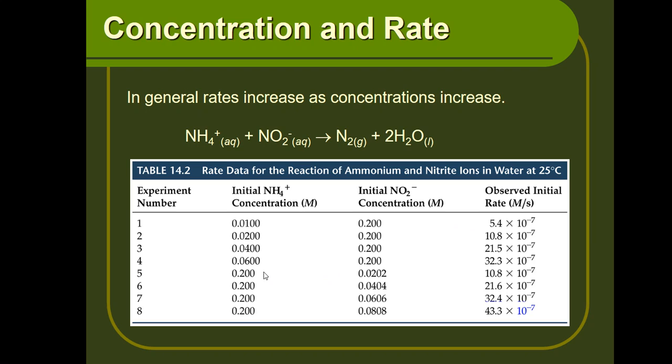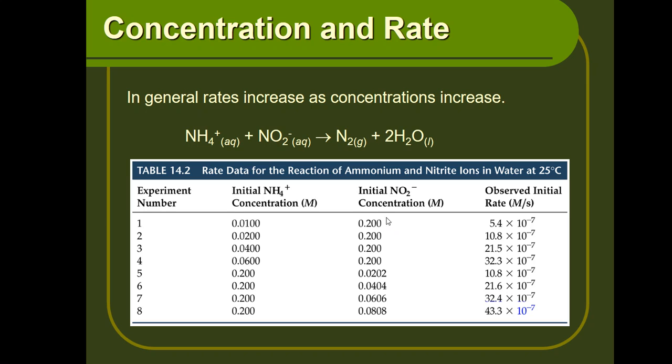In the first 4 rows, we have kept the nitrite concentration constant, and in the last 4 rows we have kept the ammonium ion concentration constant. And what happens to the observed rate of the reaction? So you have it here.